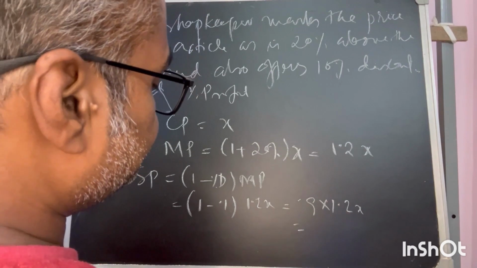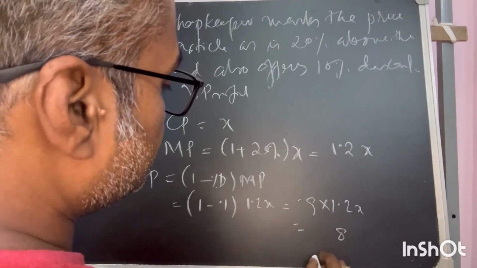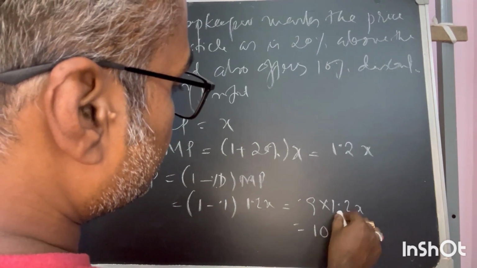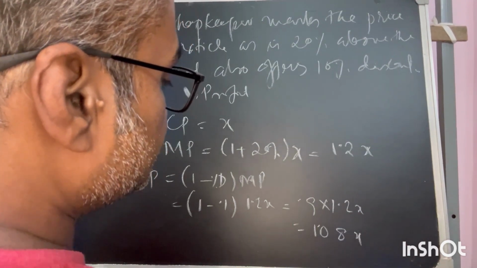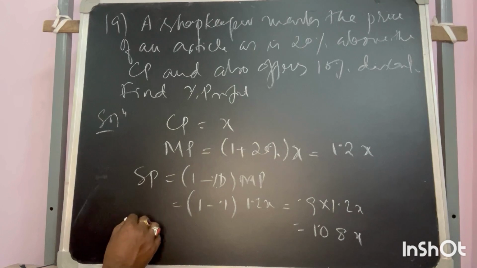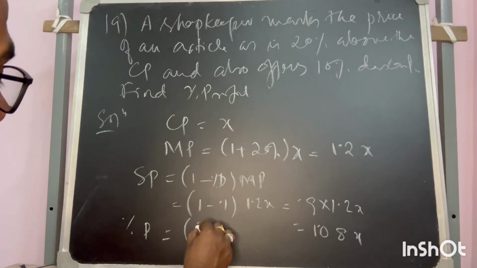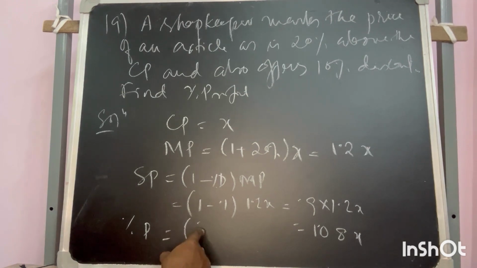So that means 8910, this much of x. This is the selling price. Now percentage profit is equal to what? 1 plus P is equal to SP by CP.